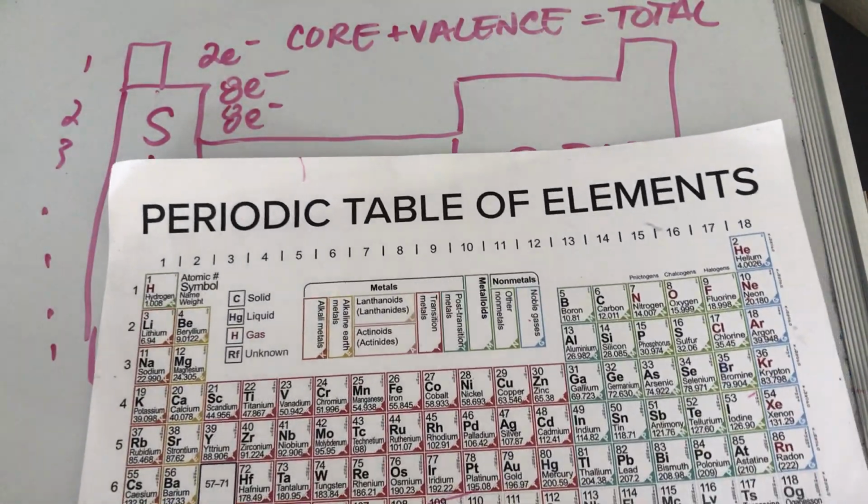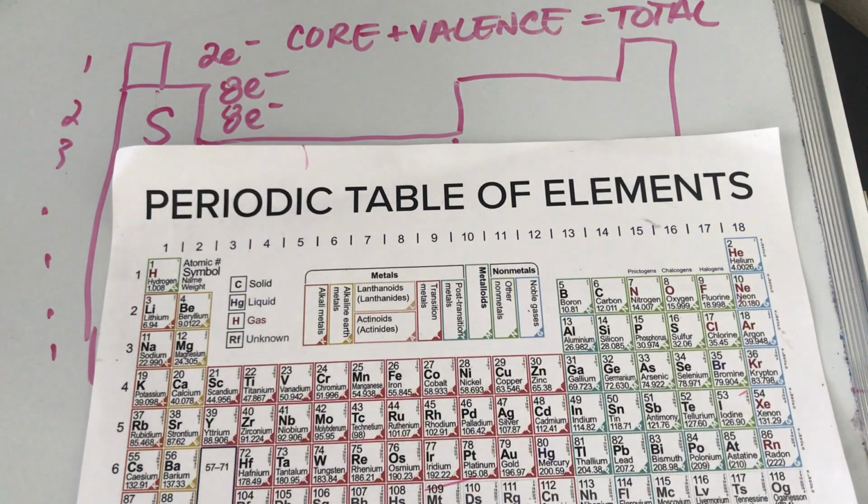So, when we're talking about hydrogen, hydrogen is in row 1, right? And what block? S. The S block, okay? Everybody all right with me there? How about lithium? S block. Row 2, S block, right? Everybody all right with me? Cool.